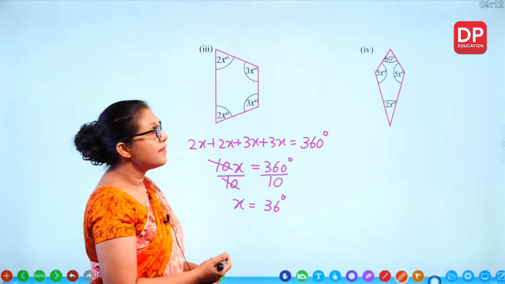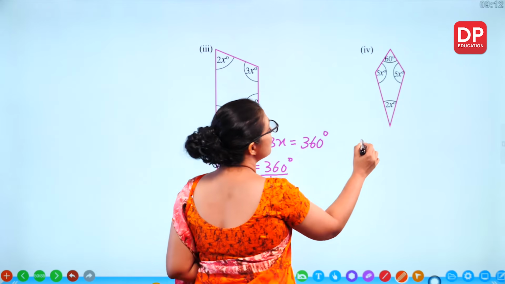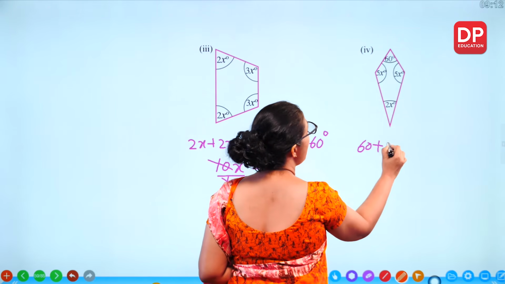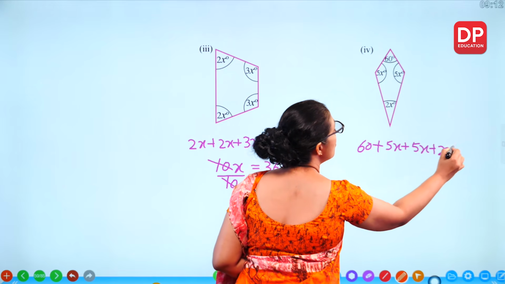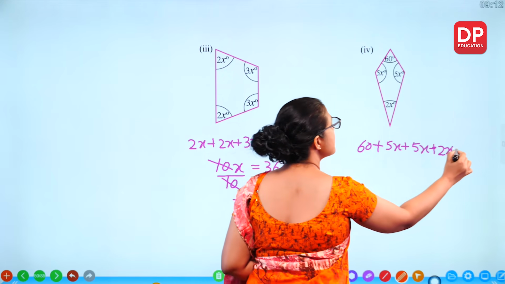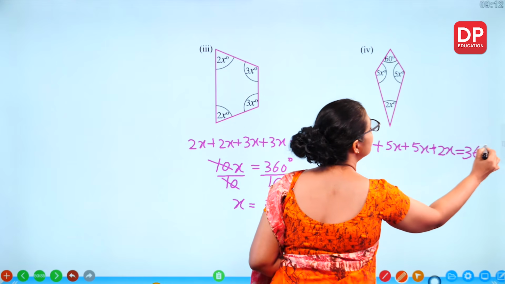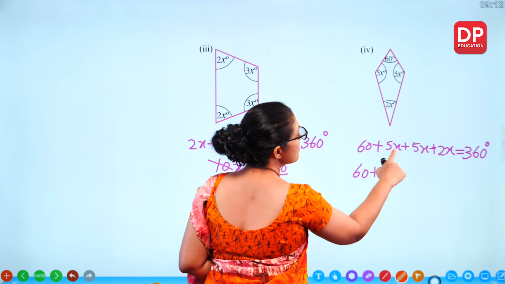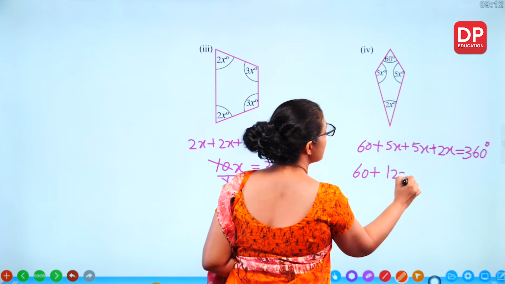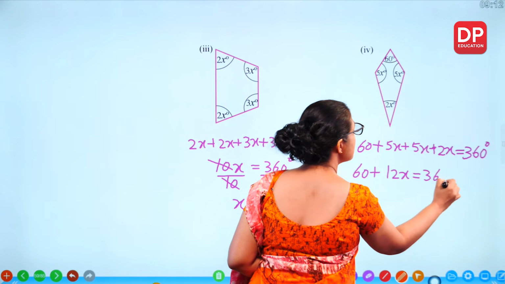This is also another quadrilateral. So add all the interior angles and equate to 360. So add like terms. 10 plus 2, 12x equals 360.